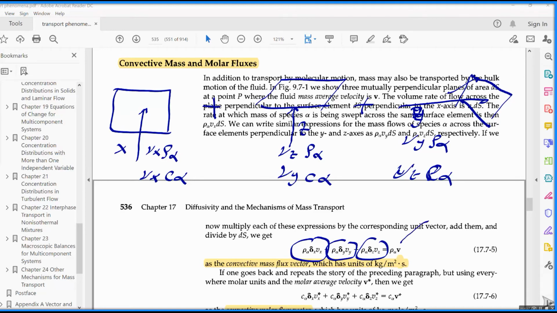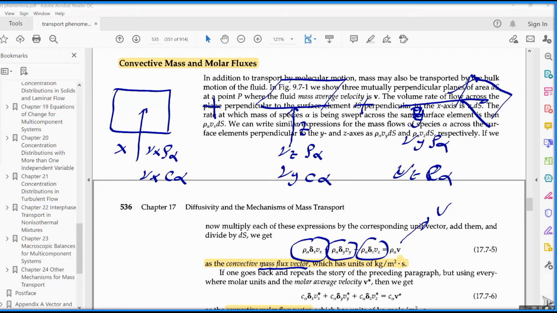We obtain this velocity, the average velocity of the species in the three space coordinates in the control volume. If you multiply by the mass density of the species alpha, we obtain the convective mass flux vector. It has units of kilogram per meter squared multiplied by second.